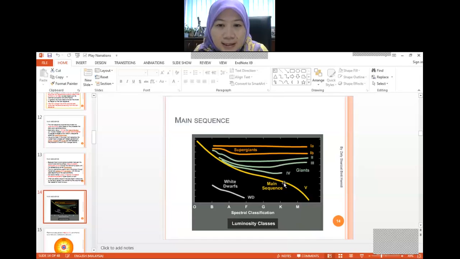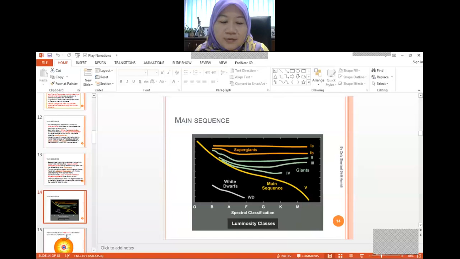The luminosity classes are divided into a few classes: 1A, 1B, 2, 3, 4, 5, and 7 for the white dwarf. It takes a long time, billions of years, and the main sequence has a wide range of temperature and size.